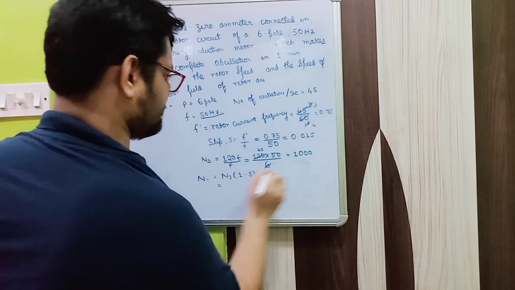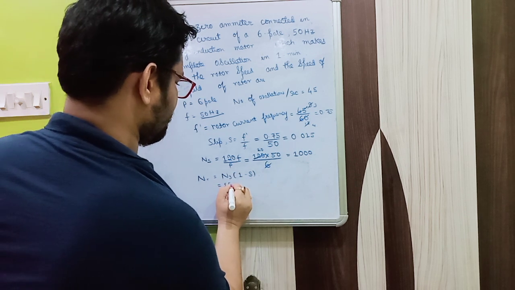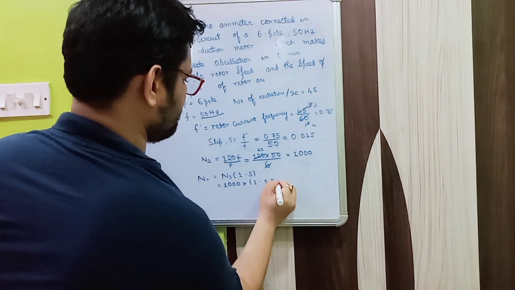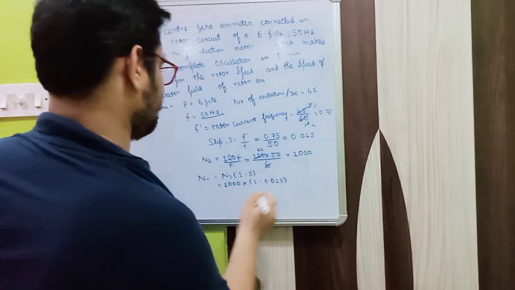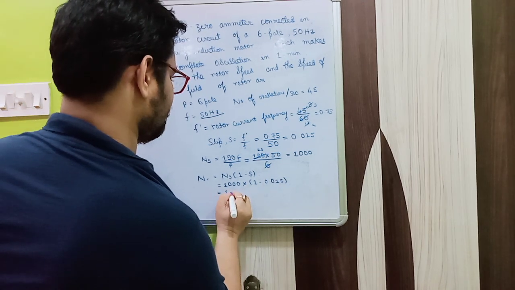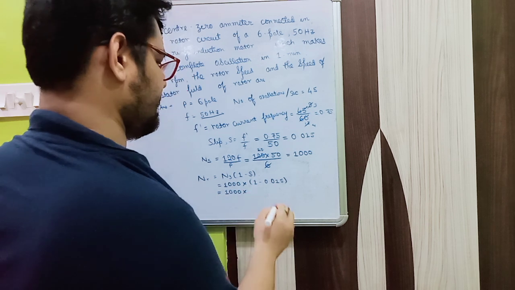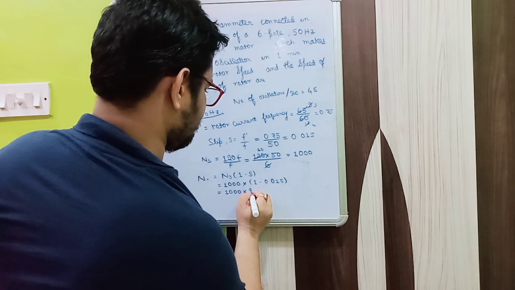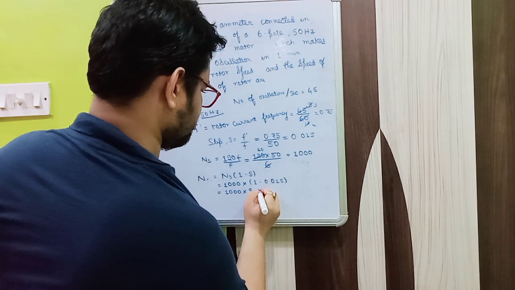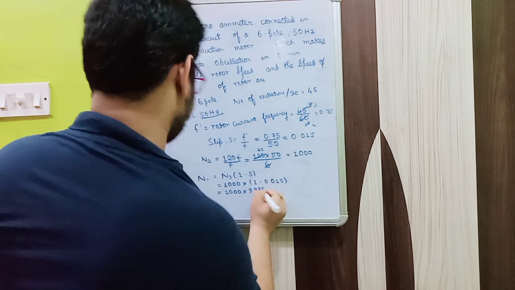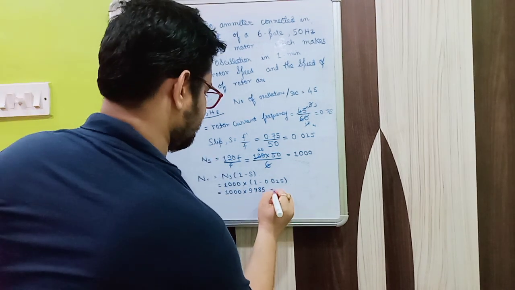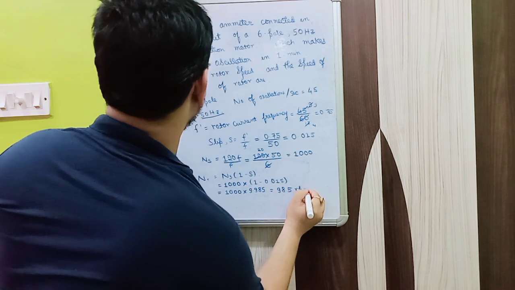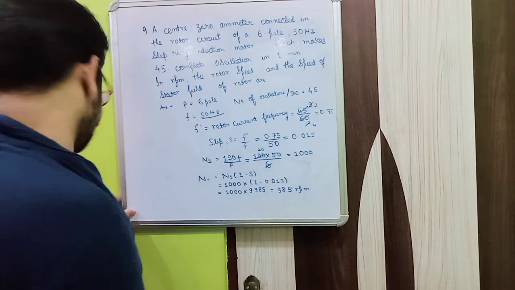Ns we already know is 1000, into 1 minus 0.015. 1 minus 0.015 is 0.985, so the rotor speed is 985 RPM. What they are asking at the end is the speed of the rotor field.